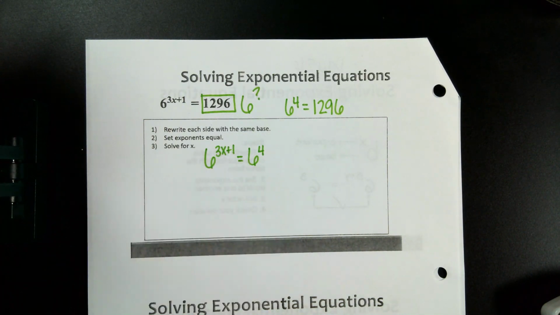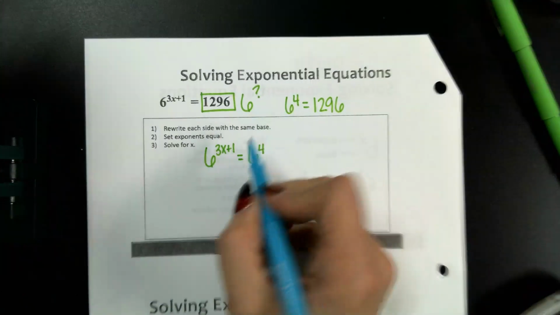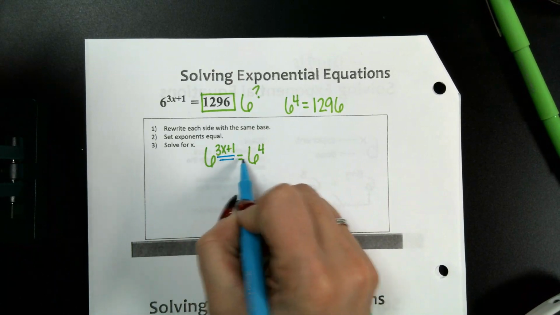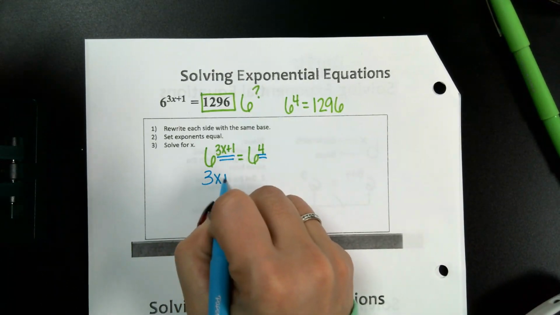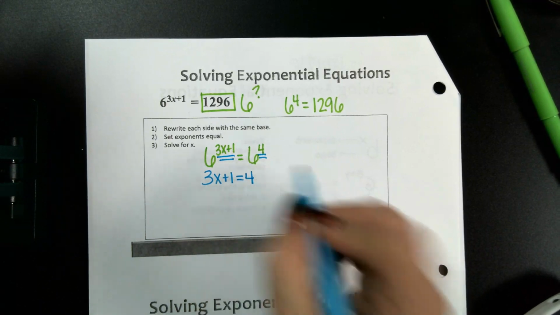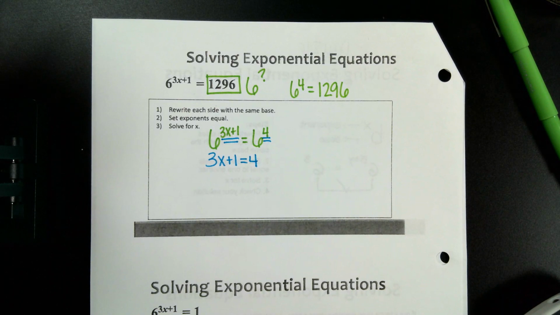Now, doesn't that look like a problem that was on the front? Bases are the same, so now what do I do? Yeah, we just drop the base, right? We're going to set this exponent equal to this exponent. So we're going to write 3x plus 1 equals 4. As soon as those bases match, you no longer need the base.